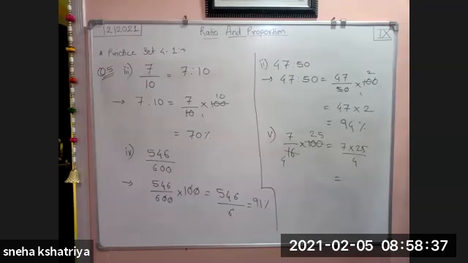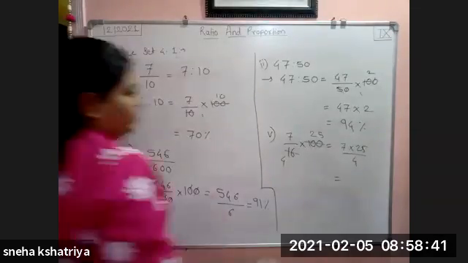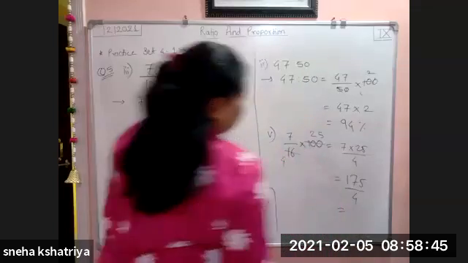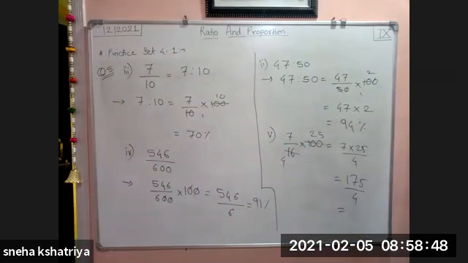7 into 25 divided by 4. 25 multiplied by 7 is 175. 175 divided by 4. At the numerator, multiplication is done. Divide by 4.